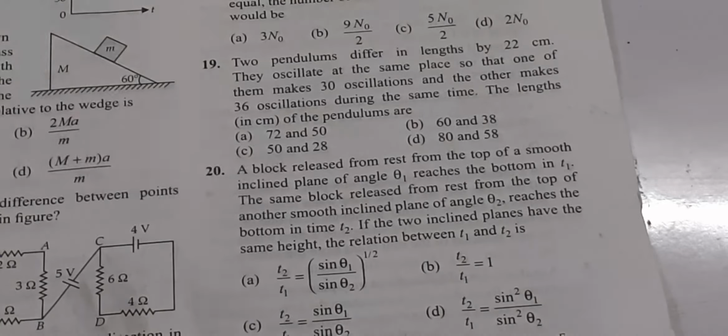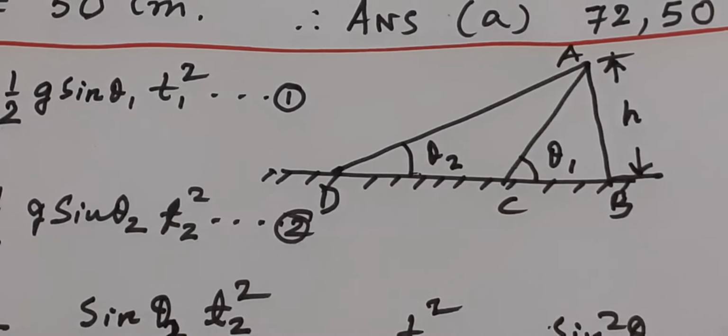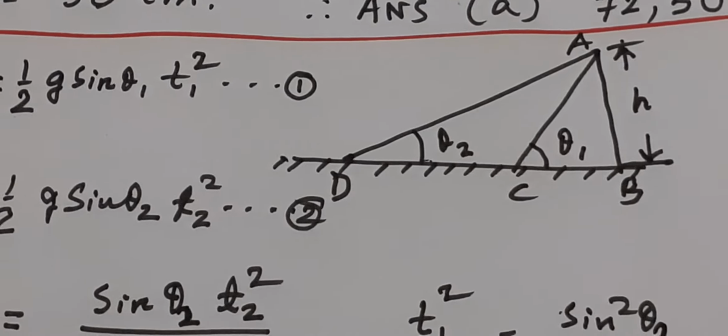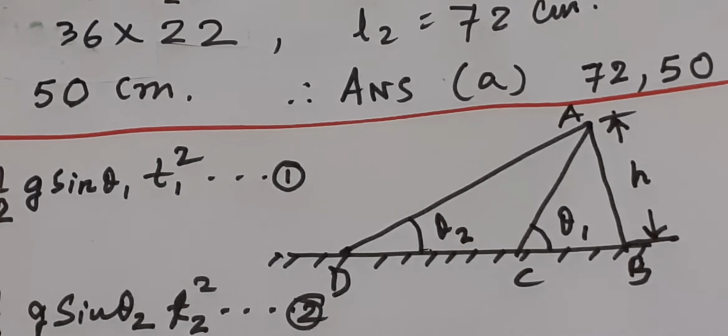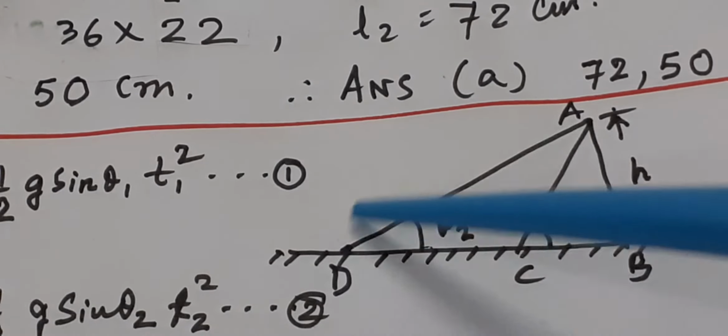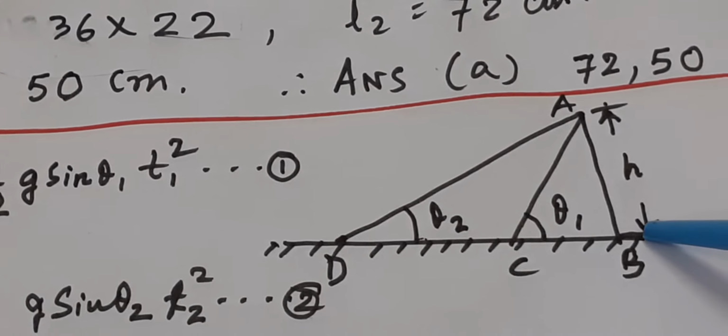Very simple job. Now you see this diagram, you can see theta 1 and theta 2, the height is the same, placed on a rough horizontal surface, and the inclined portion is perfectly smooth. Under that situation, we know the distance traveled along the incline, since the height is the same.